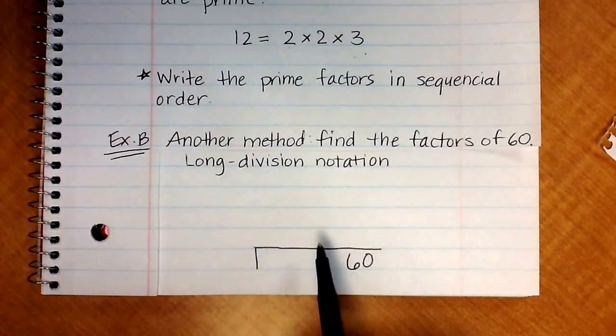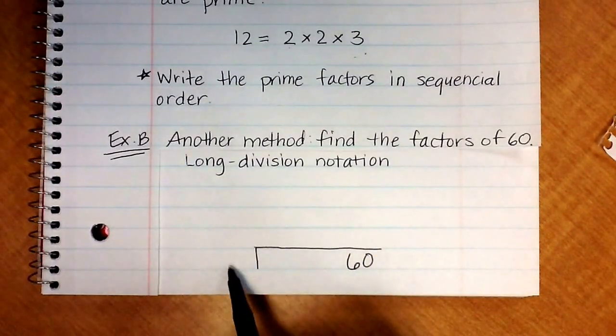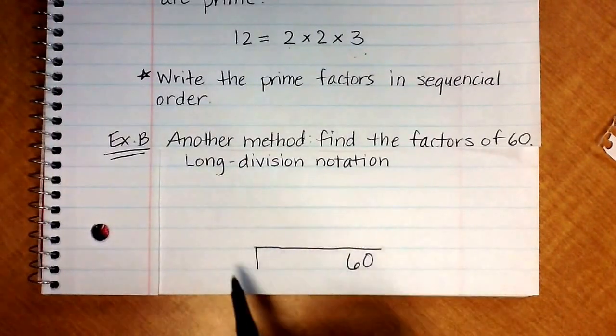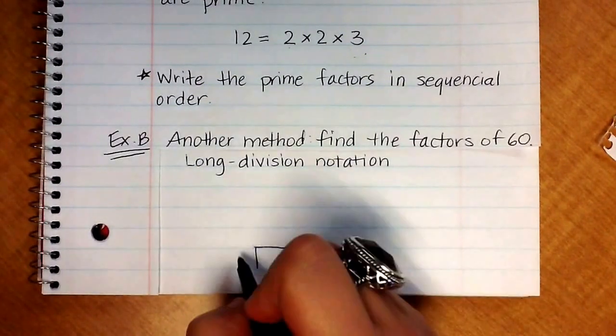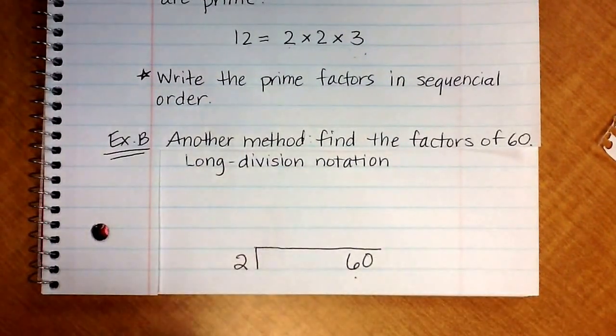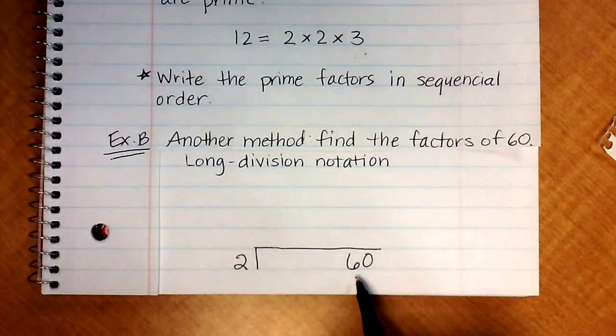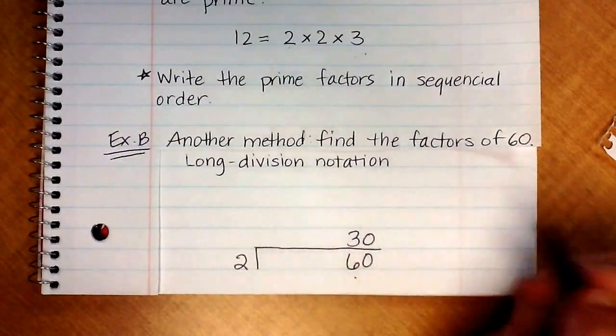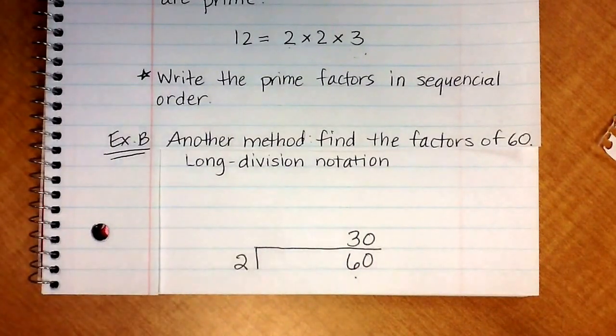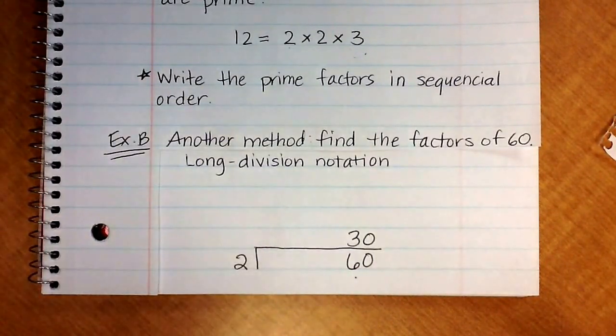One thing you need to know about this method is that you can only use prime factors. So one of the prime factors of 60 is 2. 2 goes into 60 30 times. So I can write that above, just like I do a regular division problem.